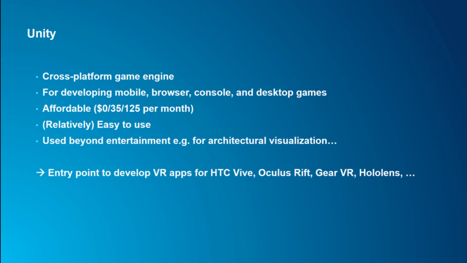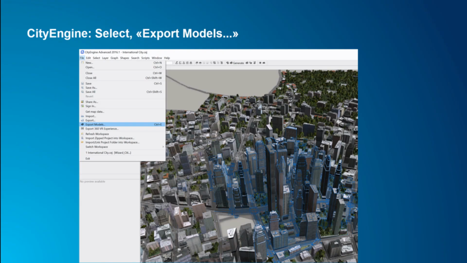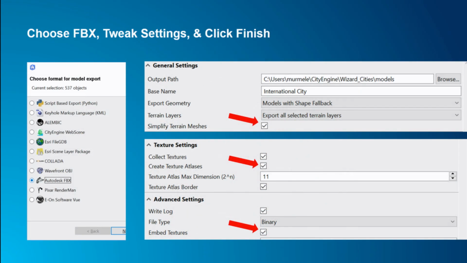I'm going to very quickly explain the best practices for how you bring the stuff in there. We will publish this maybe as a blog so that you can see the details. In CityEngine, when you have something open, you can import stuff or create your environment there.